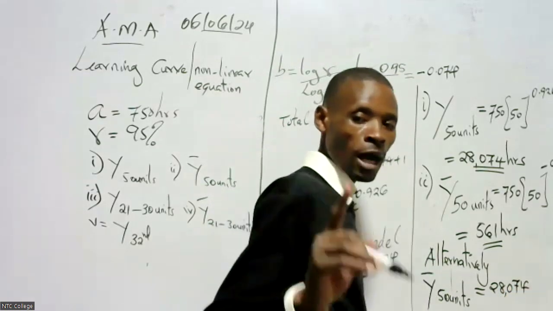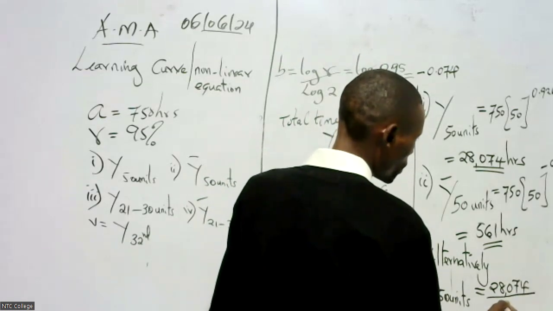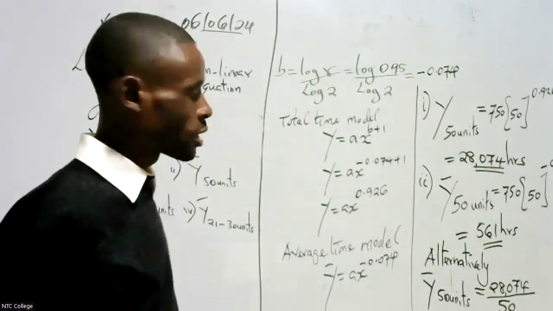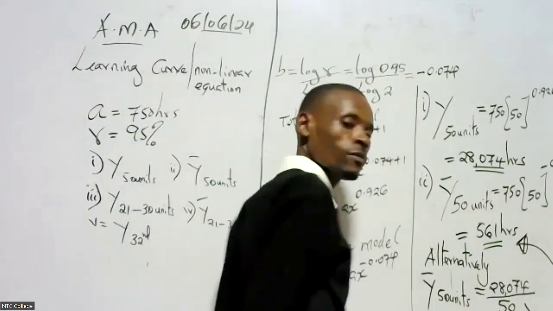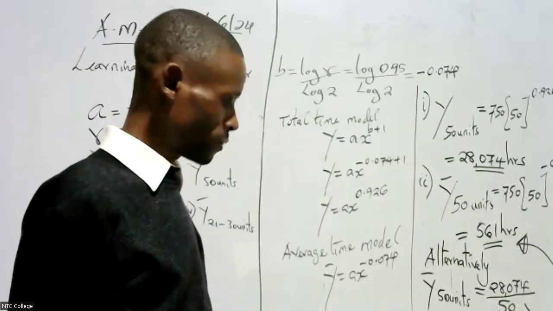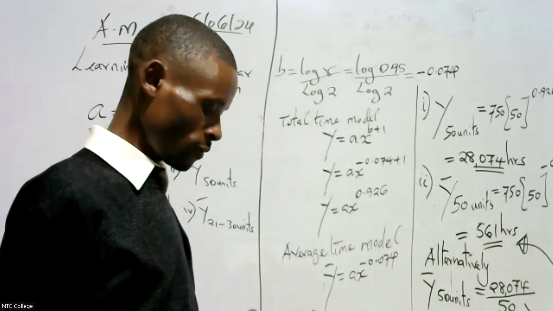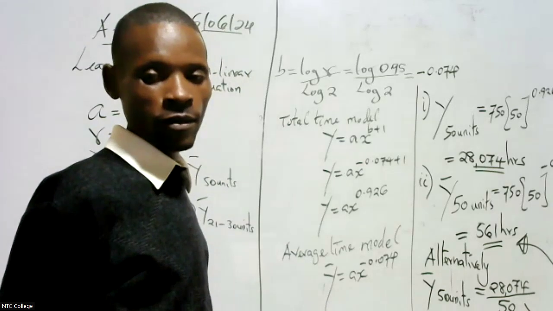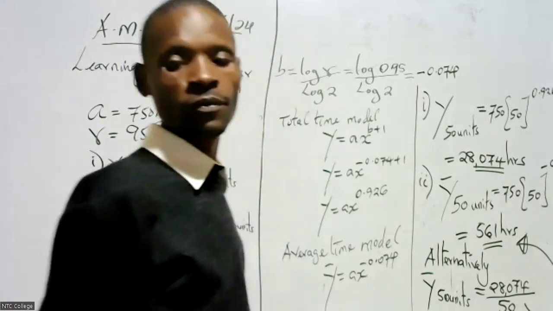But I need it on average. So what if I divide by 50 units? I must get the same. Confirm. Is it okay? Is it the same?